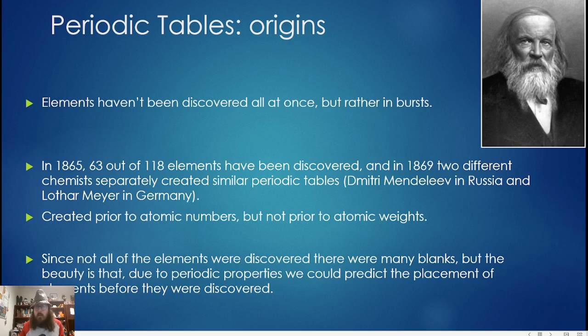This element A reacts like this element. Element C reacts like this element. It does not react like this other element, so we know there is an element B that we are missing. We know we are missing this element. We should find it.